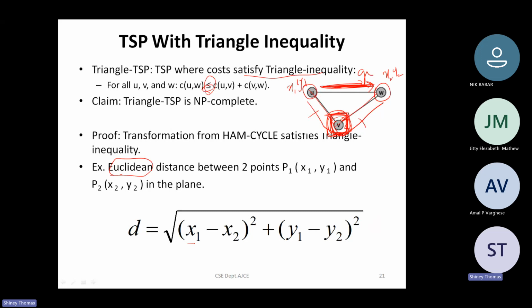It is the square root of the sum of the squared difference of the x coordinates and the squared difference of the y coordinates. Since two points are given in space, when you know the x and y coordinates of each point, you find the Euclidean distance between these two. That is how we are going to solve this algorithm.